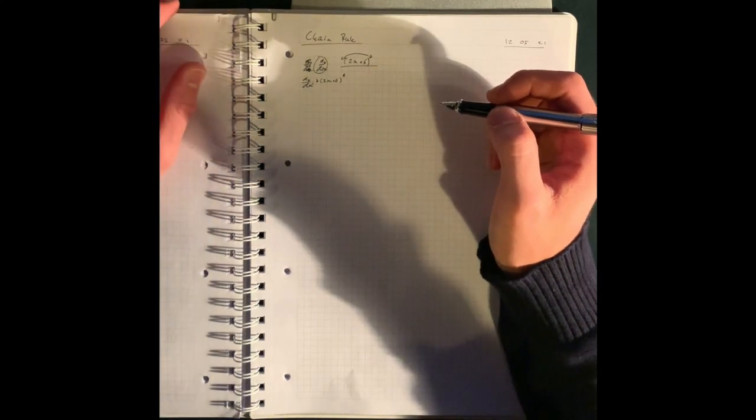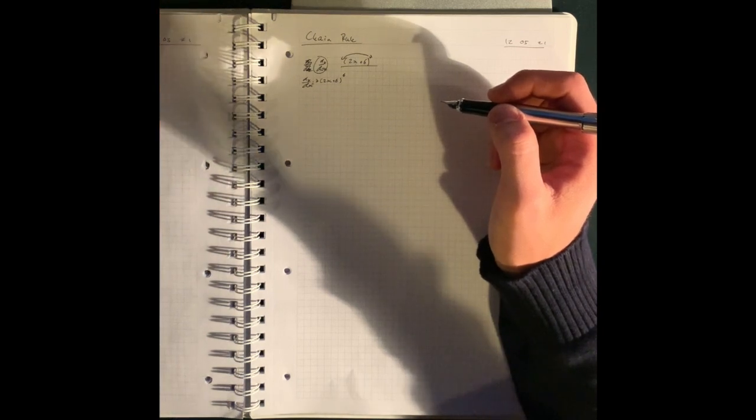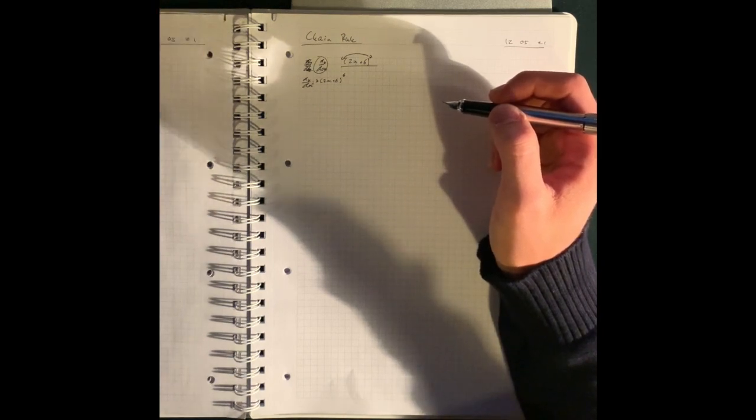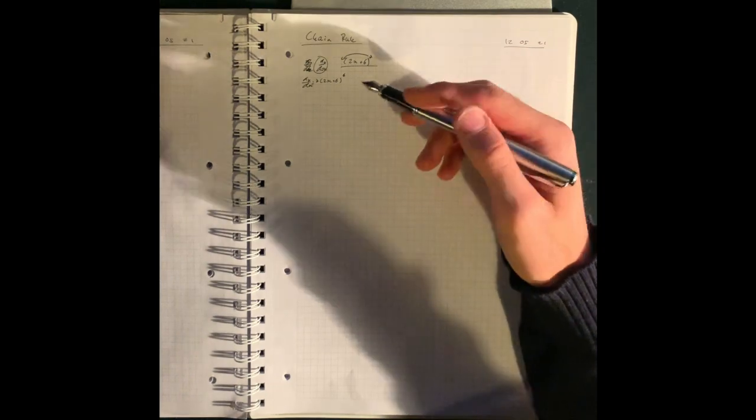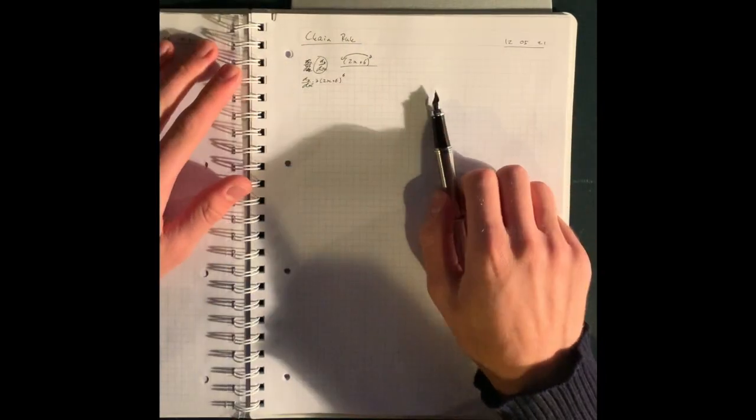There are lots of shorthand methods of doing this, which I'm used to, and you quickly get used to doing it from your head and gradually get very used to it.